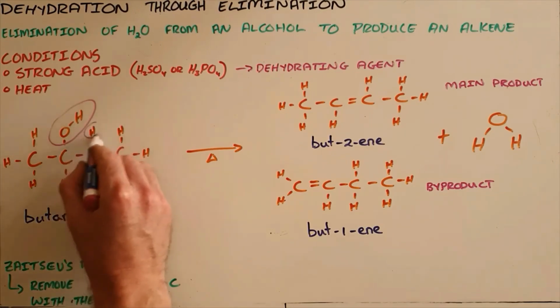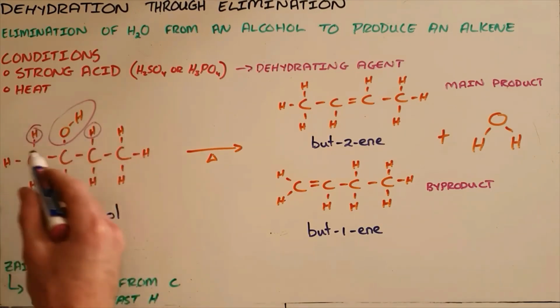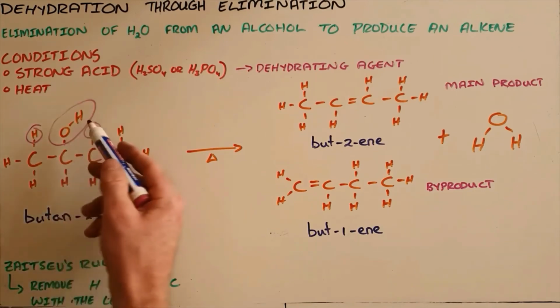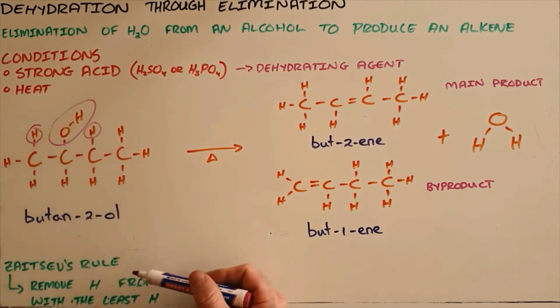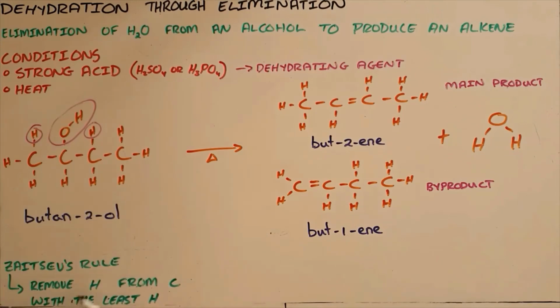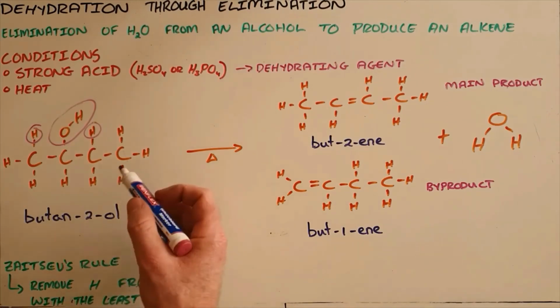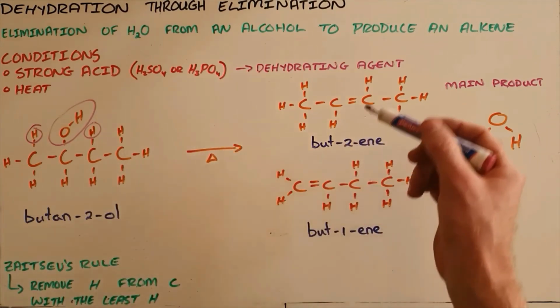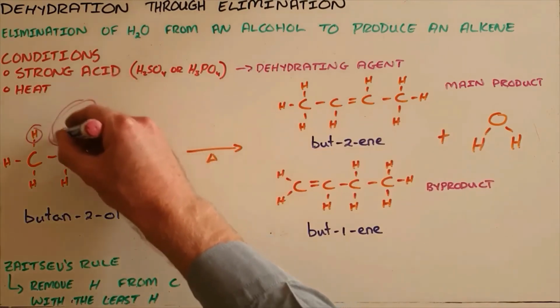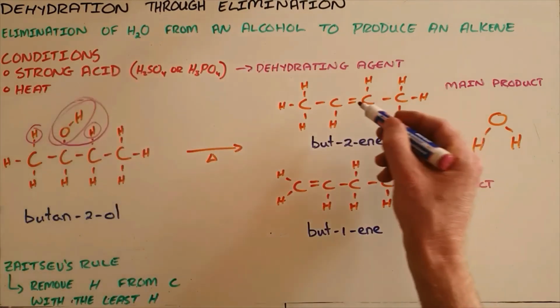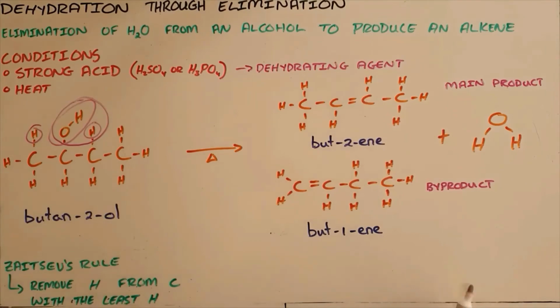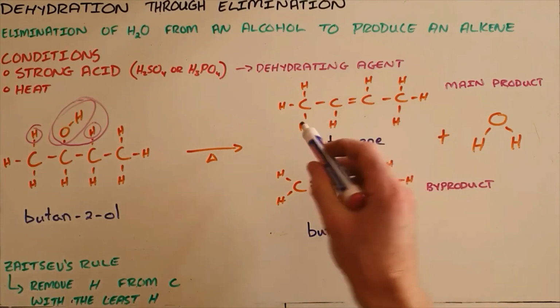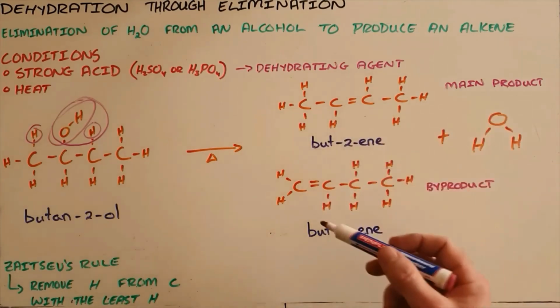We can see that there are 2 possible hydrogen atoms that could be removed as they are adjacent to that hydroxyl group, and once again Zaitsev's rule tells us that we would remove the hydrogen from the carbon with the fewest hydrogens, which means that our main product, the product that would be produced the majority of the time, would be but-2-ene, where that hydroxyl and that hydrogen are removed, and those 2 carbons form a double bond to make sure that each of them has formed 4 bonds. And so we say that the main product is but-2-ene.